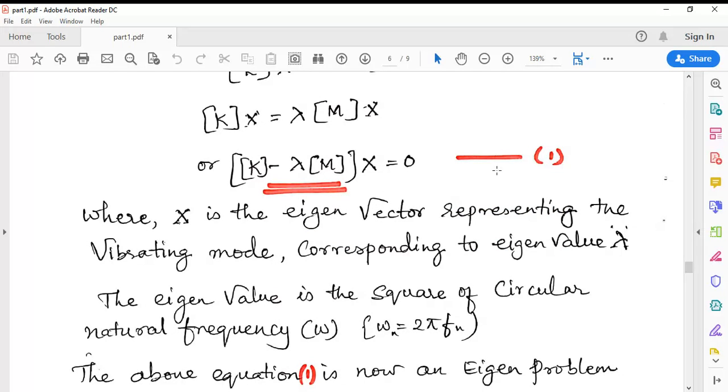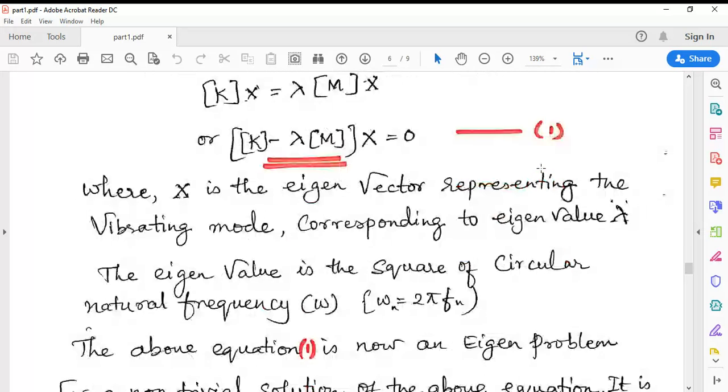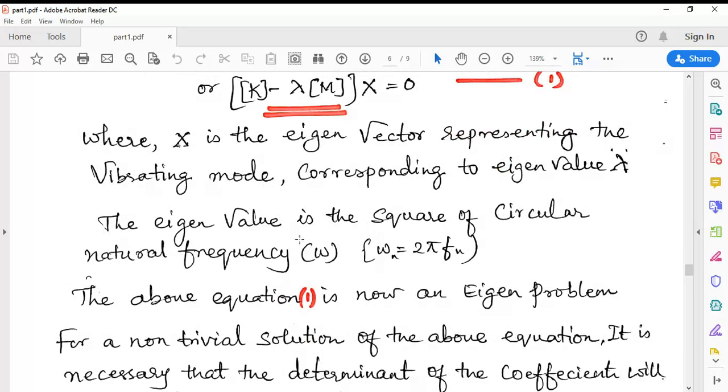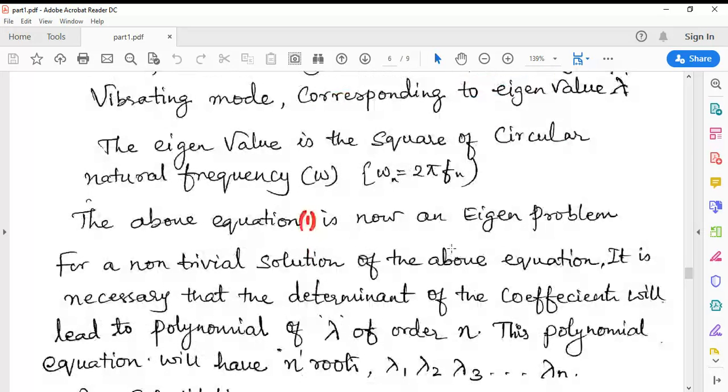Okay, this is a typical equation which you obtain, where x is called the eigenvector representing the vibration mode and corresponding to eigenvalue lambda. Lambda is the square of the frequency. The eigenvalue is the square of the circular natural frequency omega. Omega n is 2 pi fn, a well-known physics equation which you are familiar with from simple school physics.